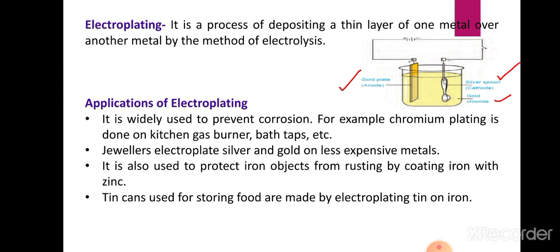Iron objects we have to protect from rusting, so we coat them with zinc, which you have studied as galvanization. So this is also an application of electroplating. And tin cans which are used to store food items are also electroplated, means iron is electroplated with tin. So these are some of the applications of electroplating.